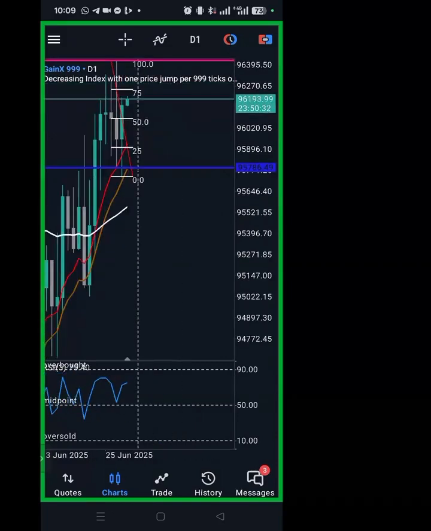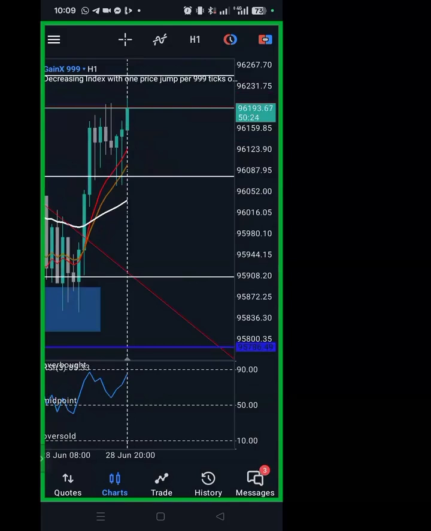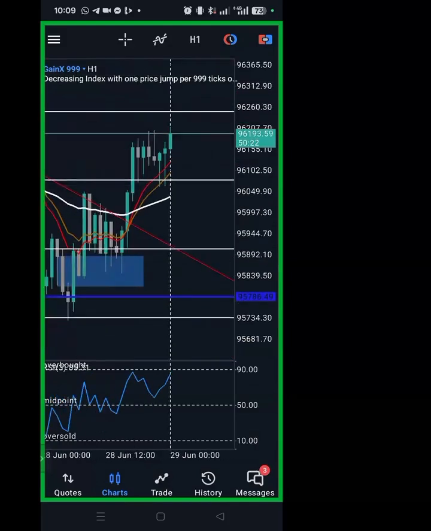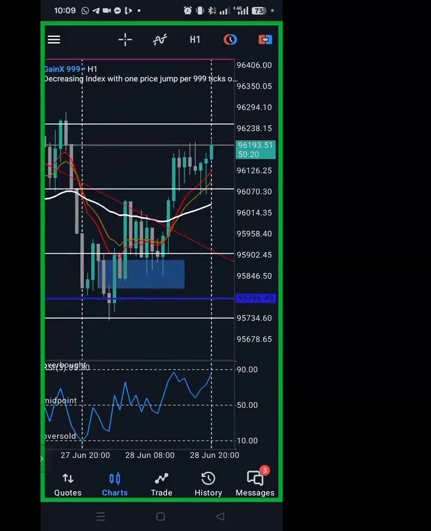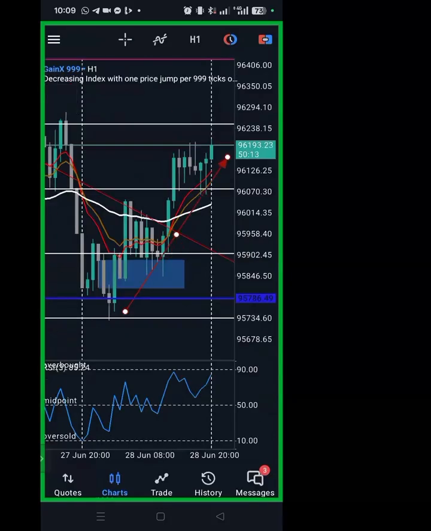This is Gain X 99. It's actually going up, not coming down. When you go on the 1 hour, you see that it has been going up. So being weekend, you can see the directional bias is upward, not downward. Have I answered the question now?